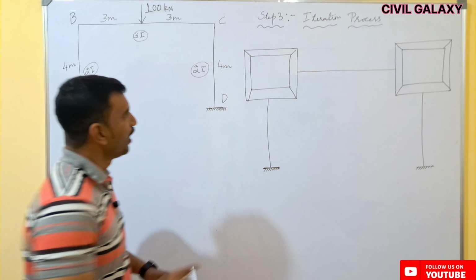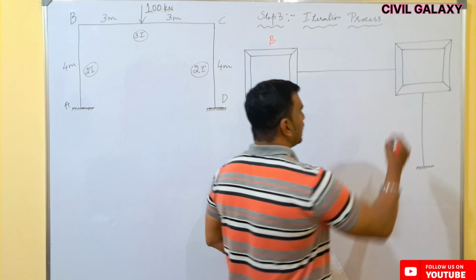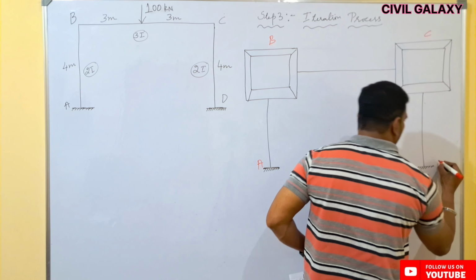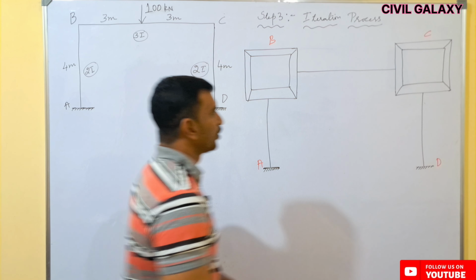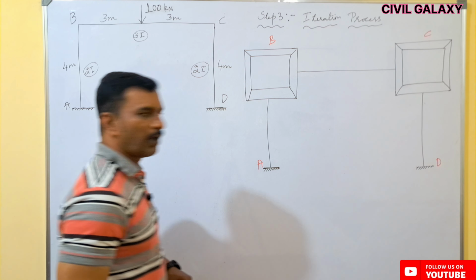So this is A and this is B. Here it is C and here it is D. Now in this Kani's table, we have to represent the fixed end moments we calculated in the first step. Also we have to calculate the summation of the fixed end moments we are getting at this particular joint in this box here.